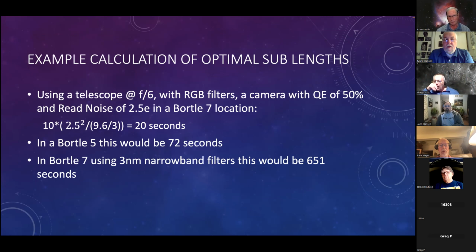The third thing is air traffic that ruins your subs. And so you have to decide how much am I willing to give up a ruined sub in my 2 hours, 5 hours worth of imaging.